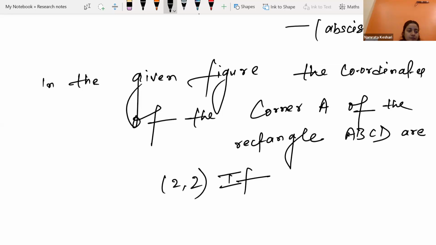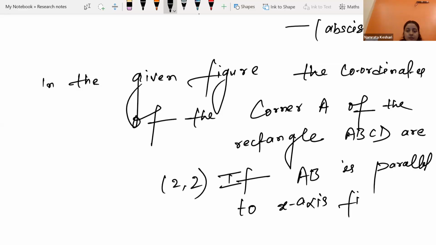If AB is parallel to the x-axis, find the coordinate of C.